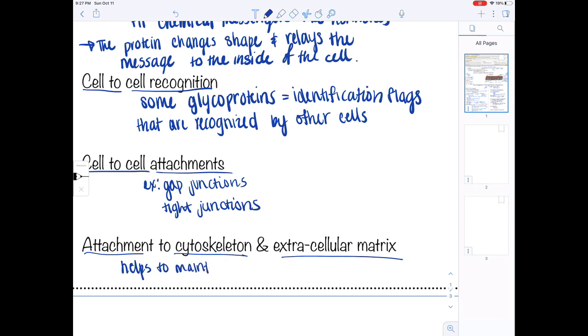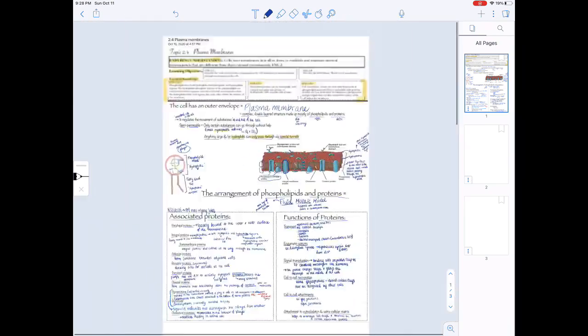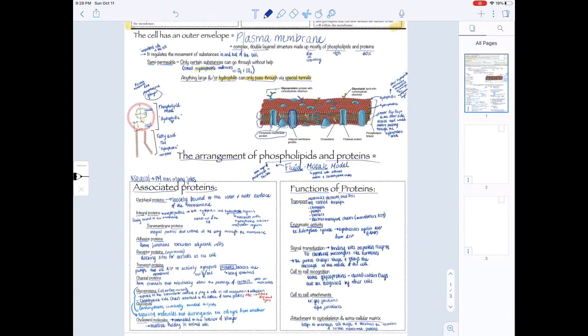This helps our cells because it's going to help them maintain the cell shape. And it's also stabilizing our location. So the location of certain membrane proteins within our membrane is being stabilized by those proteins.